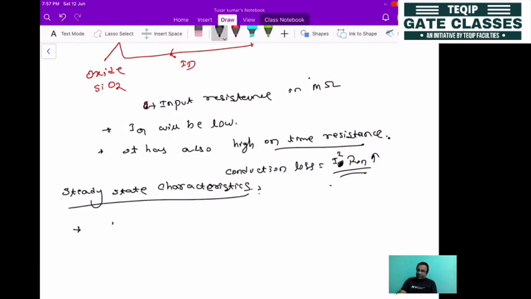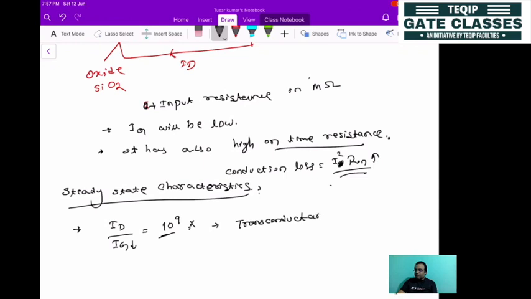If you find the current amplification factor, that is nothing but ID divided by IG. Because IG's value is very low, you get a high current gain, in the order of 10 to the power 9. But this value is not calculated for these devices, as the current gain is very high. Instead, transconductance is calculated.